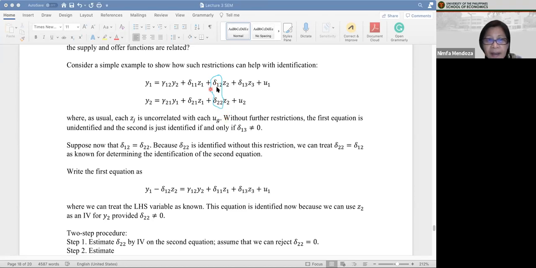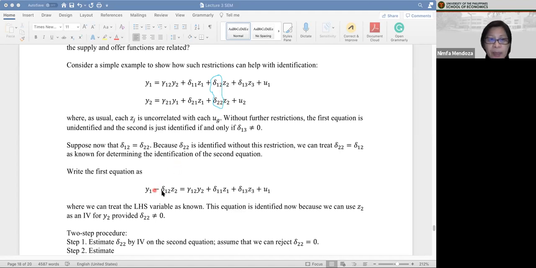So we can rewrite the first equation as follows: we can move delta sub 1,2 z sub 2 to the left-hand side because delta sub 1,2 is known to be equal to delta sub 2,2.